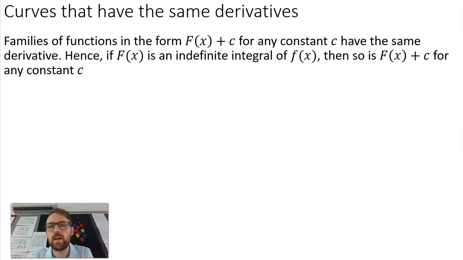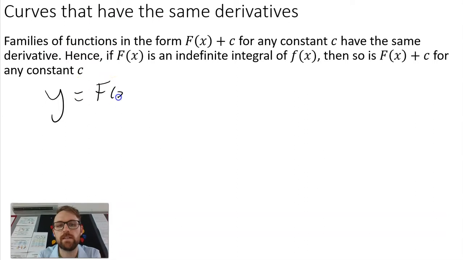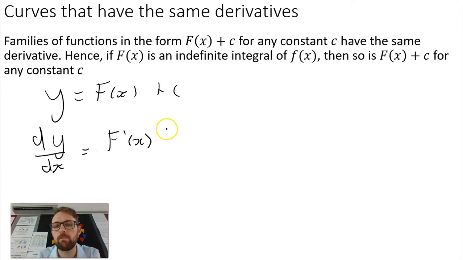A lot of curves have the same derivatives. In fact, if we've got a function and we add a constant on the end, all of those have the same derivative. We know that because if we let y equal f of x plus c and find the derivative, dy by dx, we get f dash of x for the first thing, and the derivative of c, a constant, is 0.